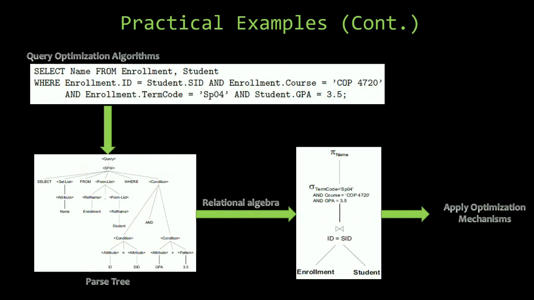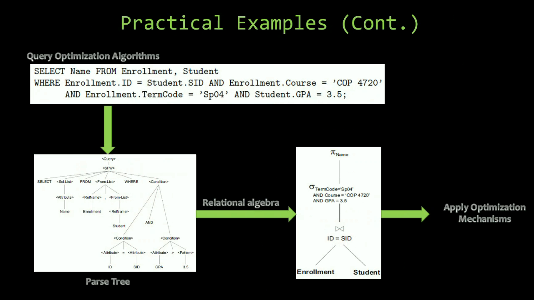Now even in query optimization, data structures and algorithms are used, in the form of a parsing tree. Let's say you have a query, select name from enrollment. From that query, if it's going to be performed, how can you optimize it? It must be very quick.